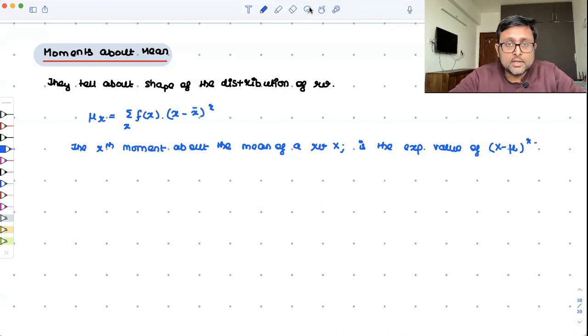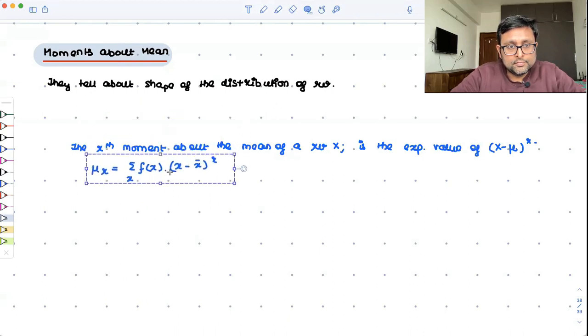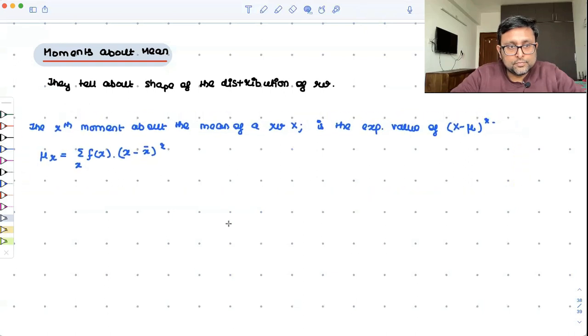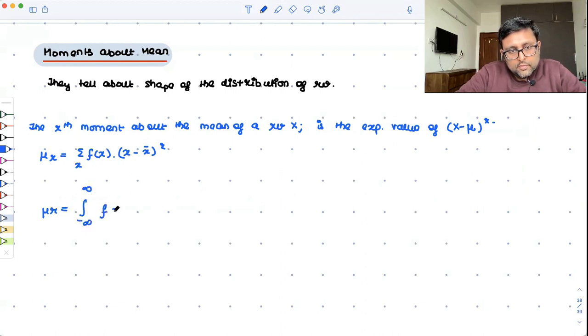And symbolically, this is the way you write it. Okay, and this is when you have the discrete case. For the continuous case, you write it like f(x) times x minus x bar to the power r dx, or x minus mu to the power r dx, whichever way you want to write.